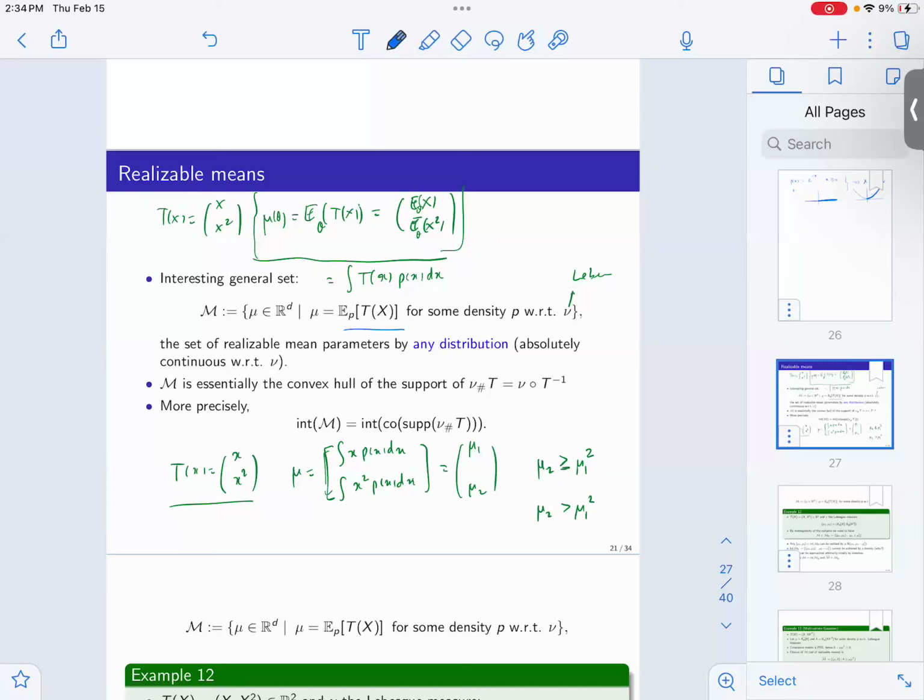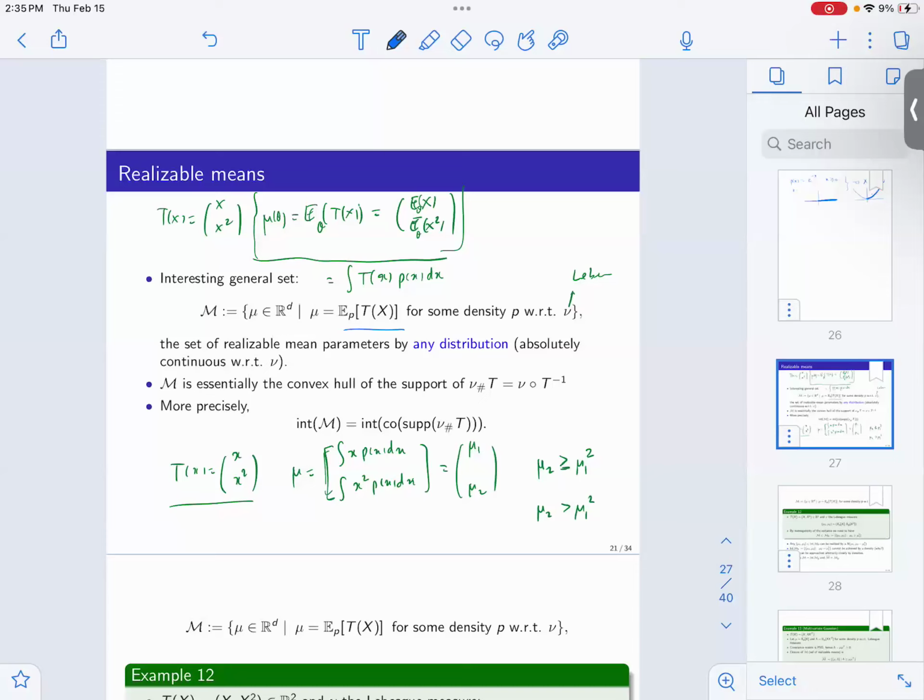Because we first talked about mean parameterization to be able to talk about this. No, you can define this, but if the set of densities varies in the exponential family that we talked about, that would give you the set of mean parameters for the exponential family.